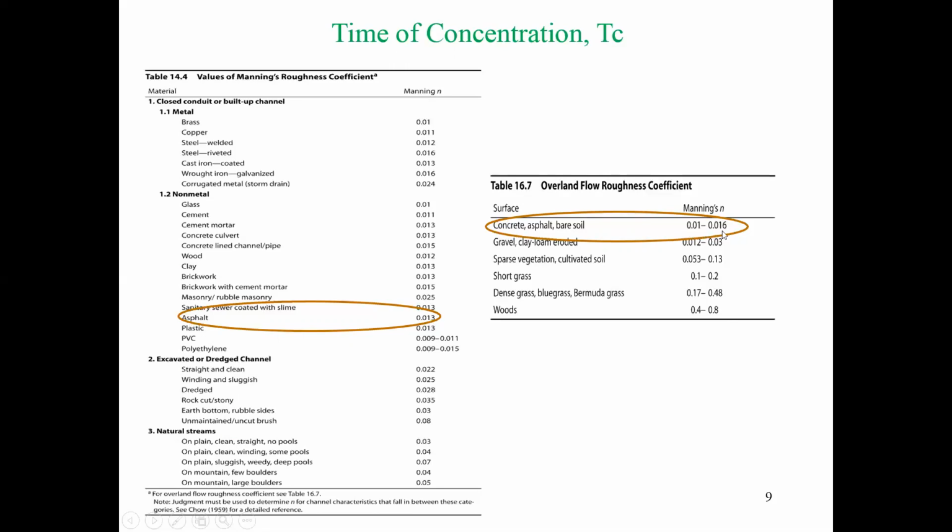Based on the case, sometimes we can use the maximum or minimum value, but if it's not mentioned, it's always good to use the average value.